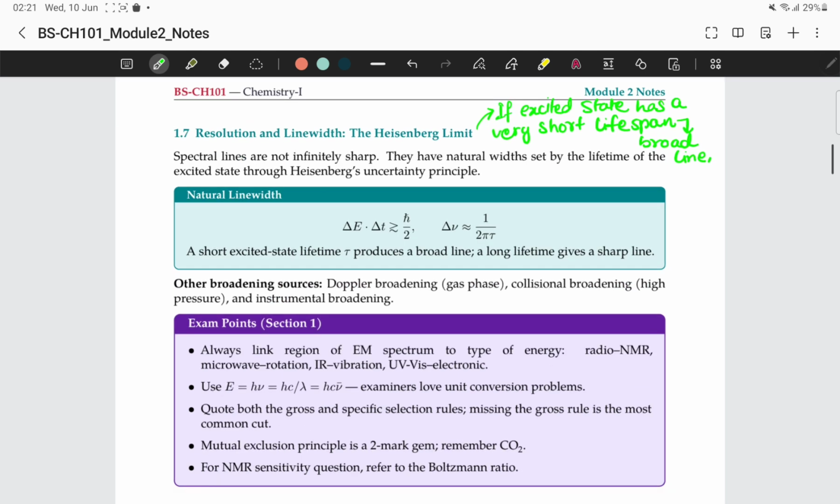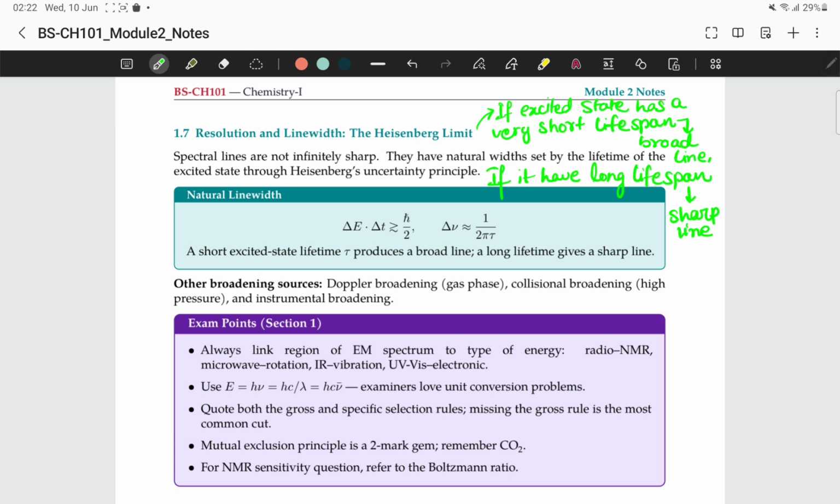But if it has a long lifespan, it gives a sharp line.